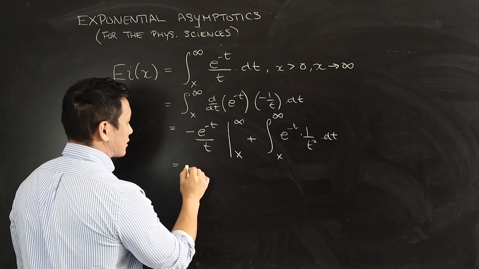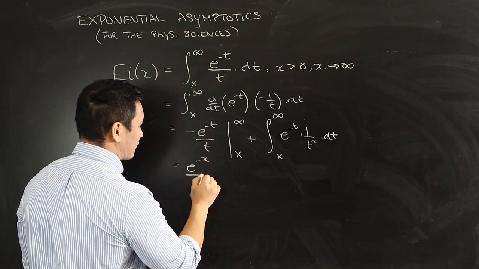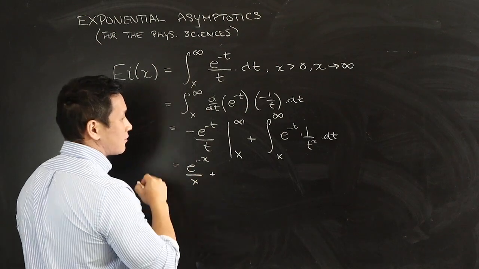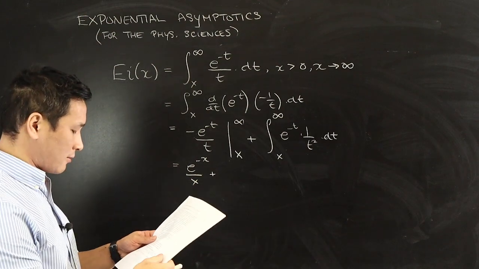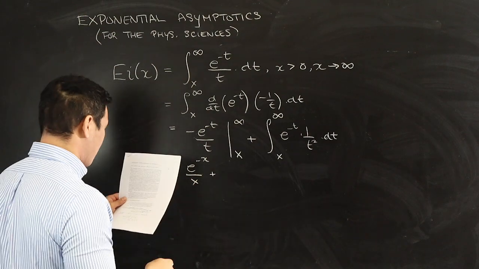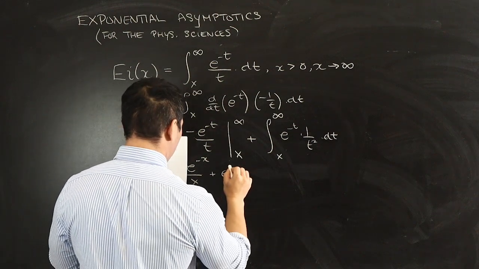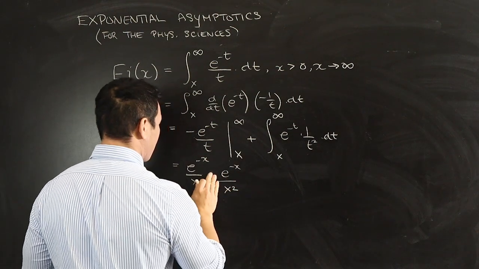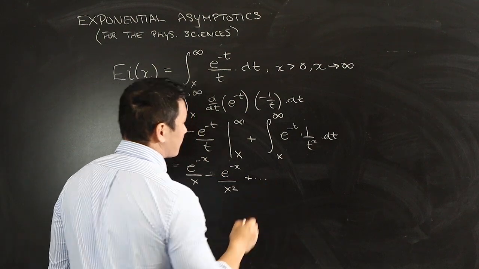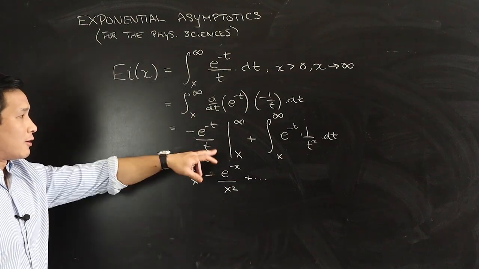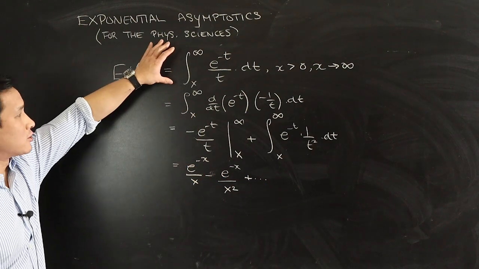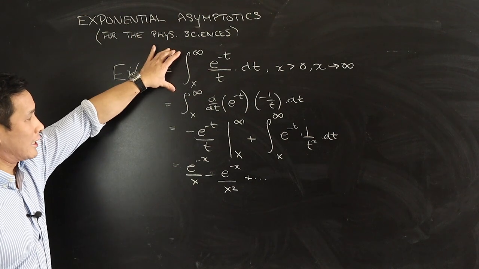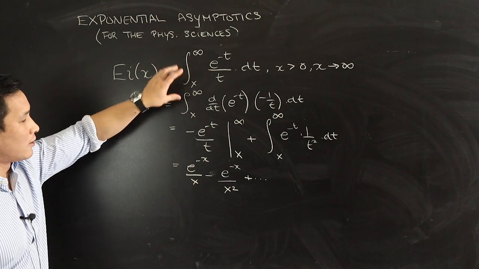And so that gets me e^(-x)/x plus the next one, which is actually e^(-x)/x^2, with a minus sign, plus dot dot dot. So this procedure will allow me to develop an asymptotic series approximation for this integral.